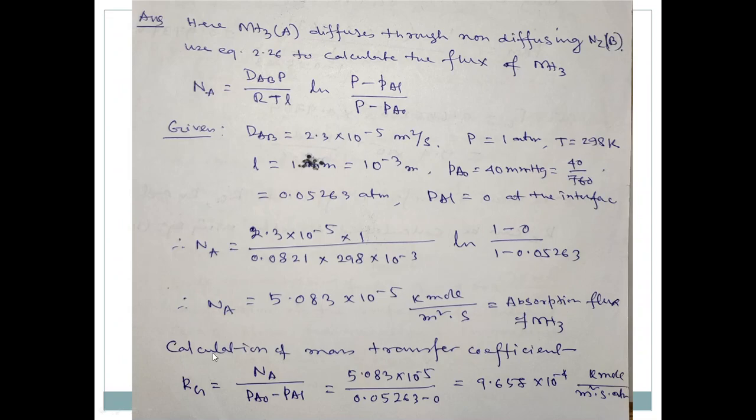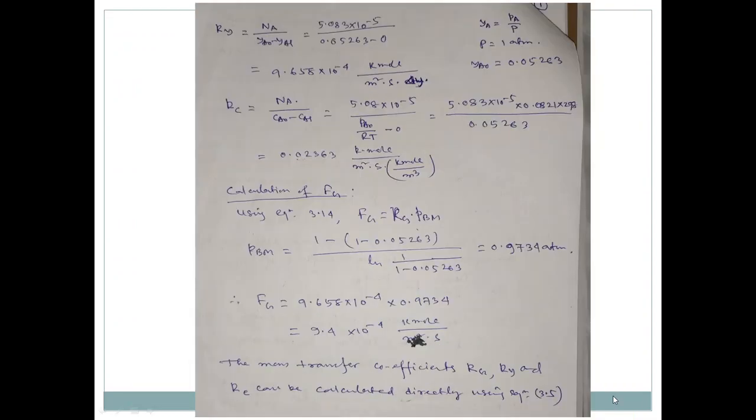Now kG equals what? NA divided by PA0 minus PAL. I know this NA, PA0 equals this, and PAL equals 0. So the unit will be kilomole per meter square second per atmosphere, 9.658 into 10 to the power minus 4 kilomole per meter square second atmosphere. Here the unit is atmosphere, and you have to mention that. For ky, NA divided by this: NA equals ky times delta y, and P equals 1 atmosphere, so in this case ya will be pa.